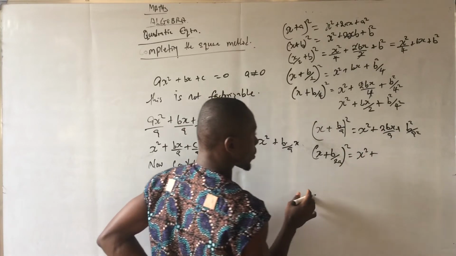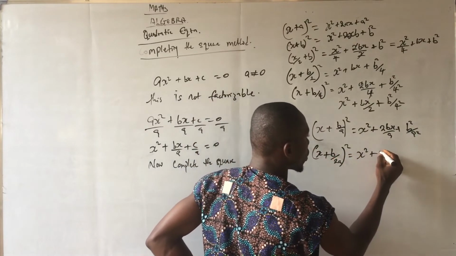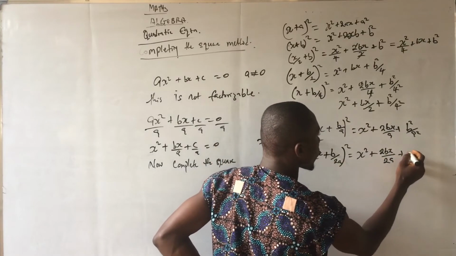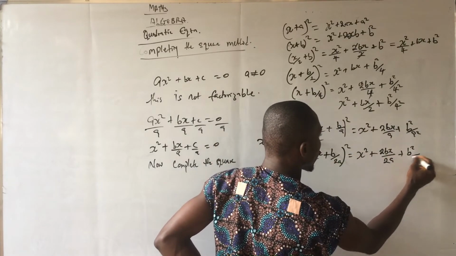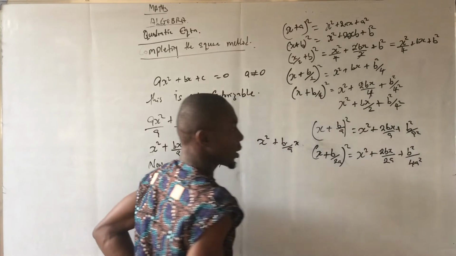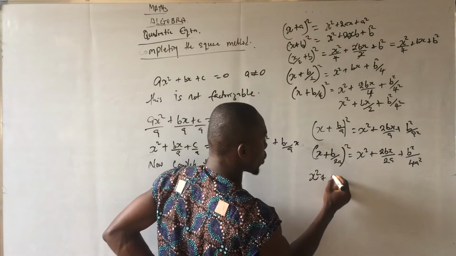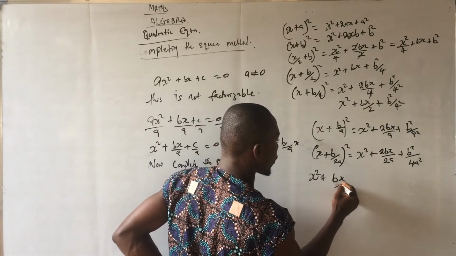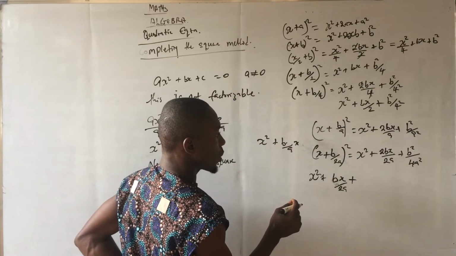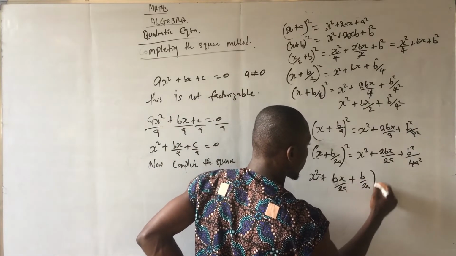x squared plus, when we multiply this out, it is going to give us 2bx over 2a plus b squared over 4a squared, right? So now we are having x squared plus bx over a plus b over 2a squared.